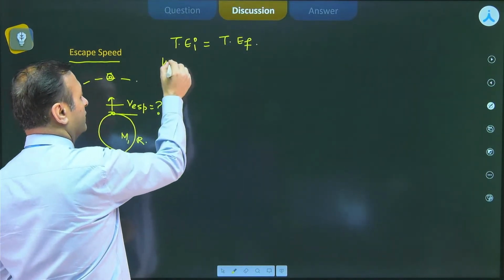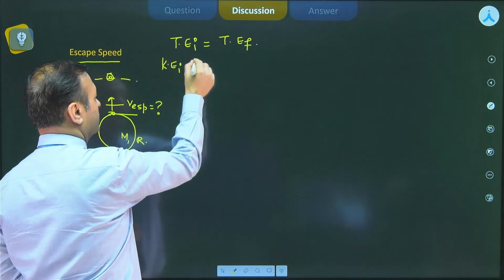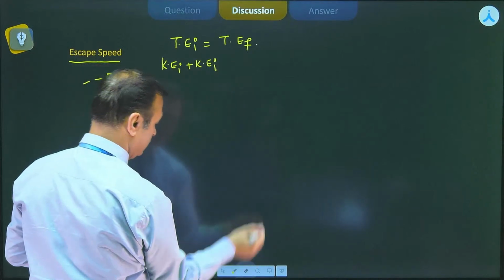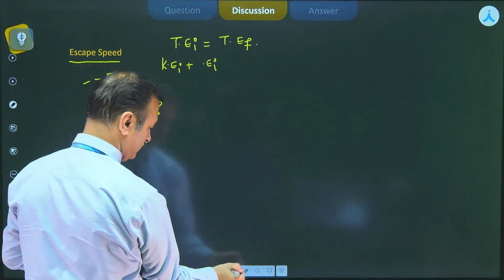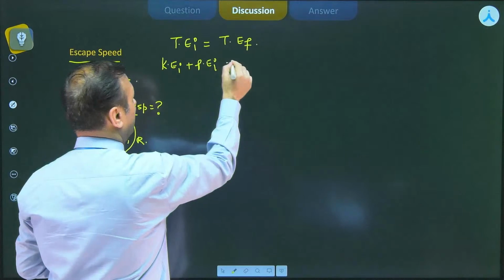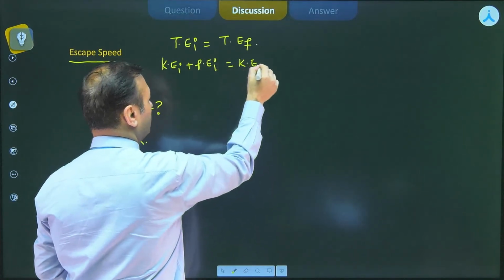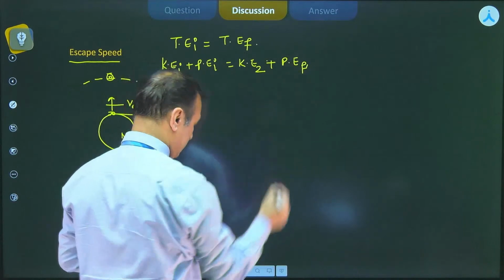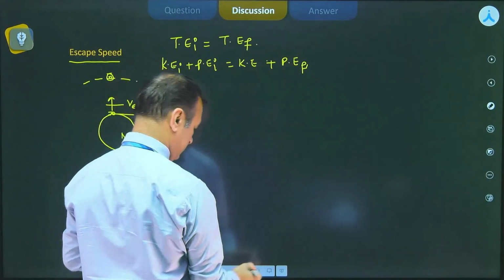So this is kinetic energy plus potential energy initially, and this is kinetic energy final plus potential energy final.